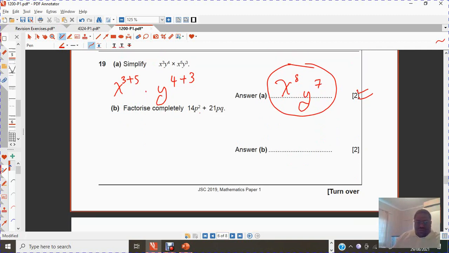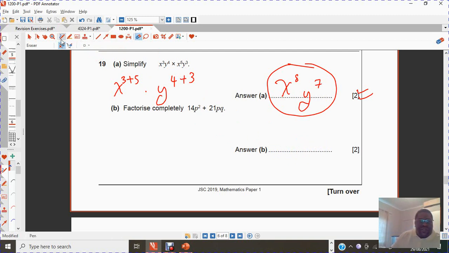Here you're supposed to factorize. So 14 is a common factor, and p, so you have p plus, well, it's not really 14. Let me just correct that. 7 is, let's take that off.